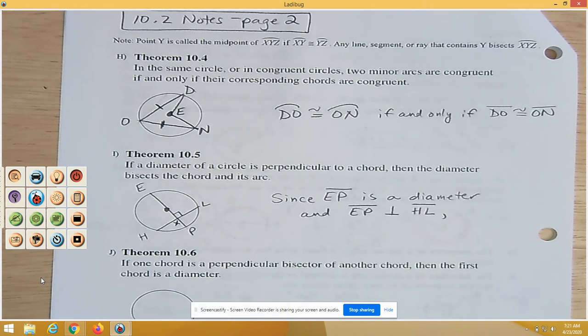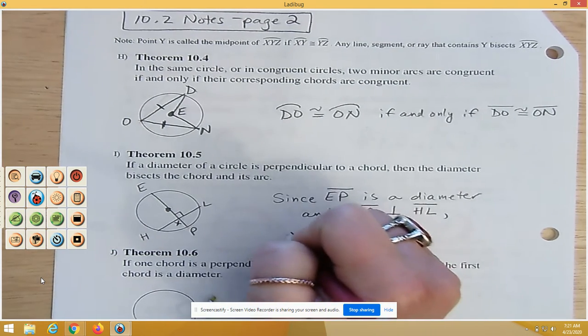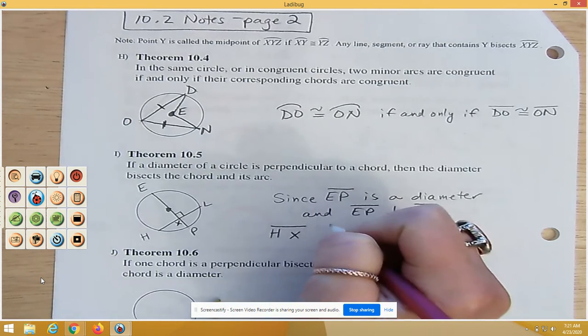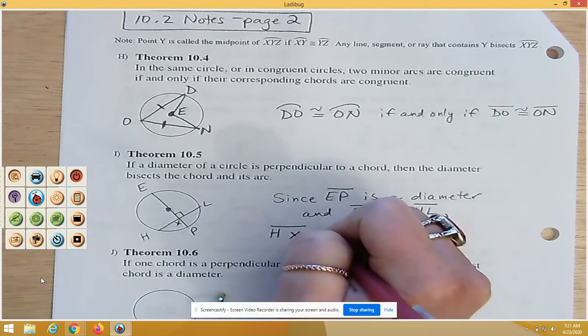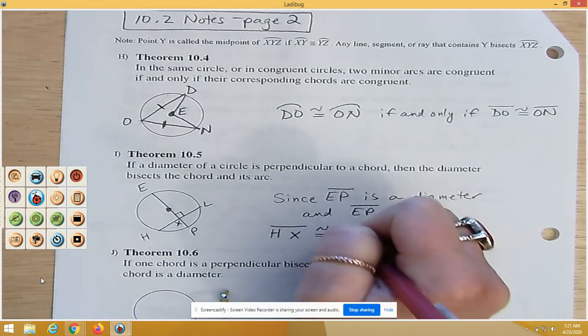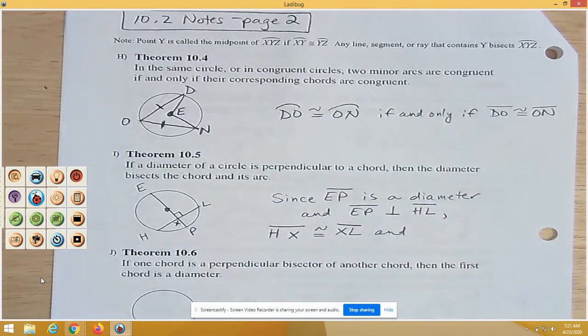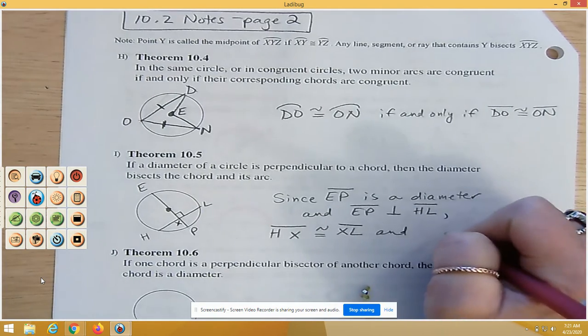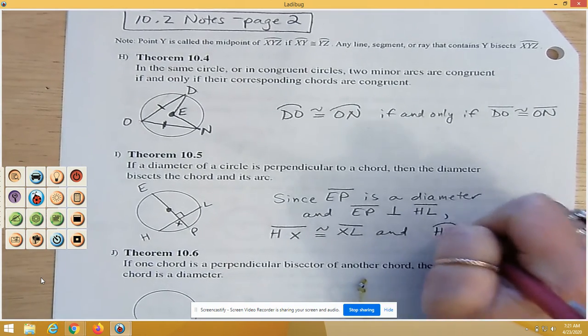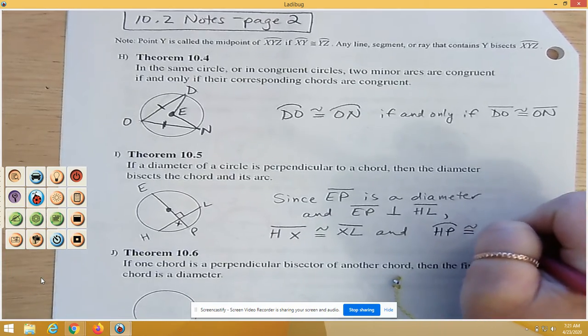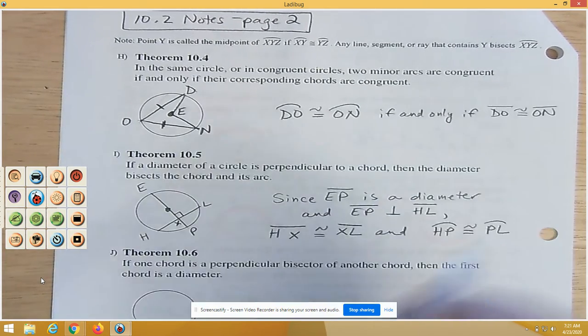I now know segment HX is congruent to segment XL, and I know that the corresponding arcs are congruent. So I know arc HP is congruent to arc PL.